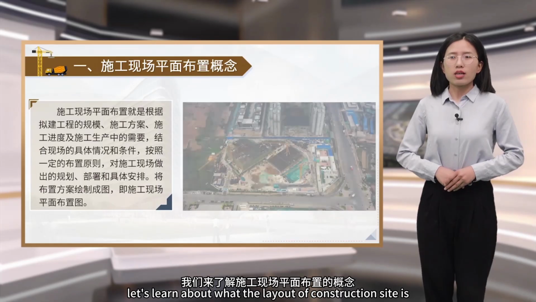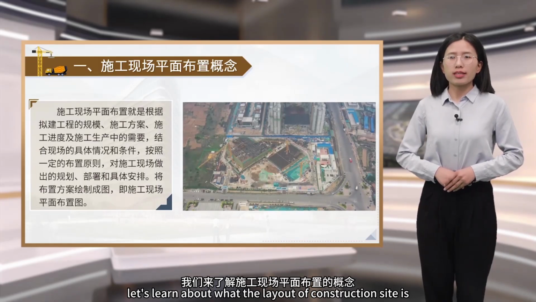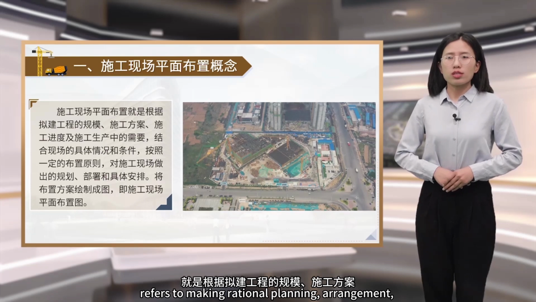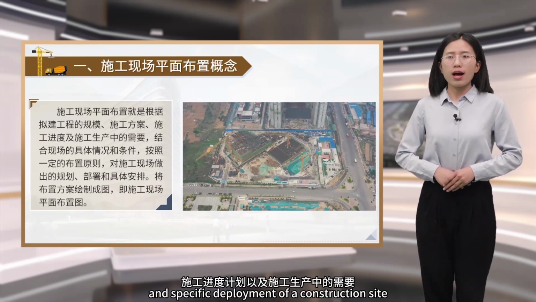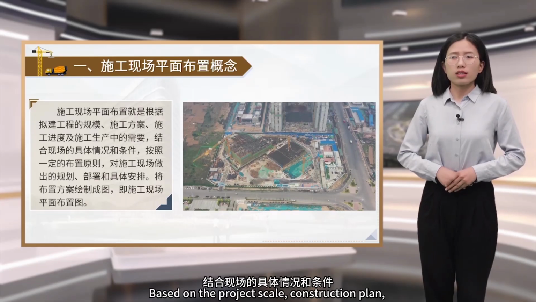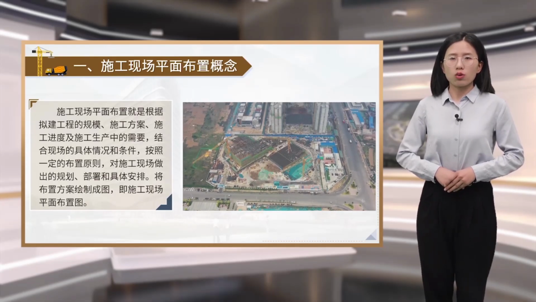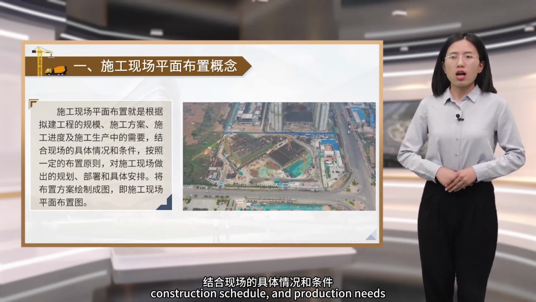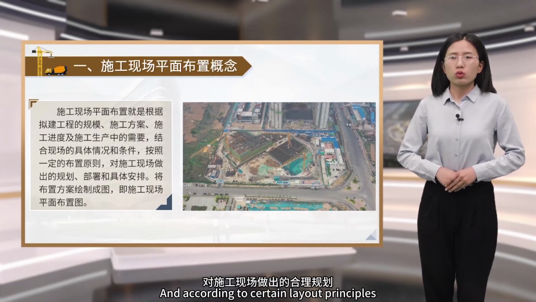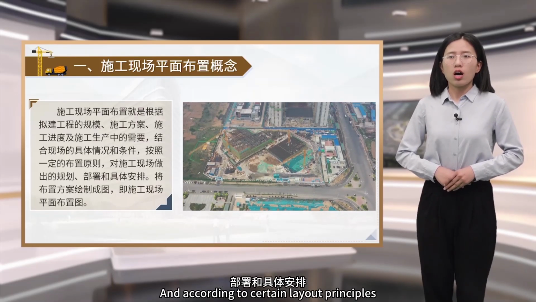First, let's learn about what the layout of construction site is. Layout of construction site refers to making rational planning, arrangement, and specific deployment of a construction site based on the project scale, construction plan, construction schedule, and production needs, in consideration of the on-site conditions, and according to certain layout principles.